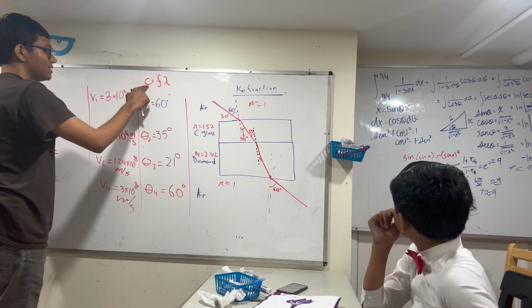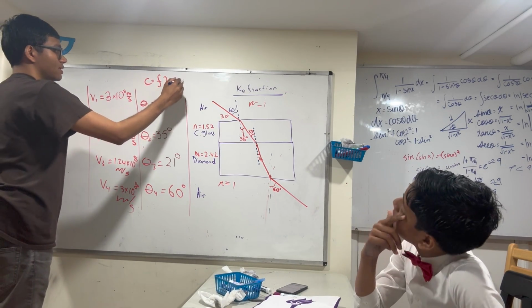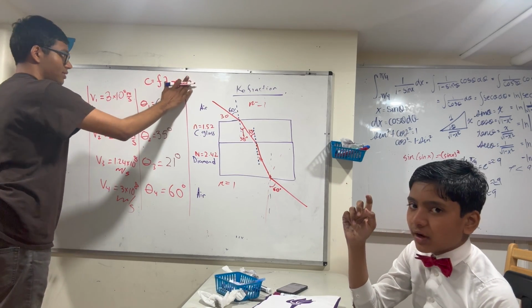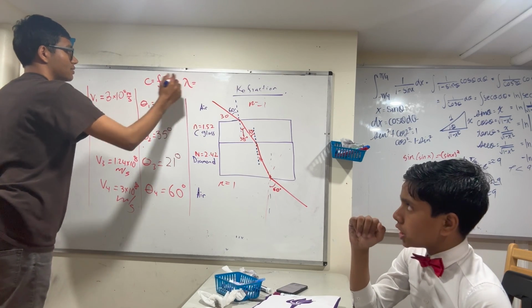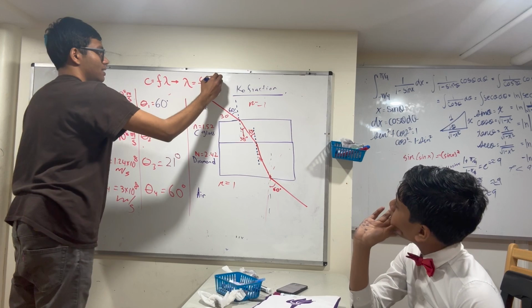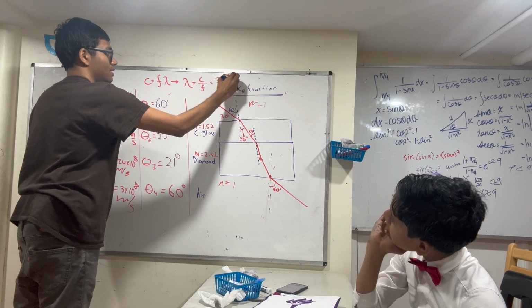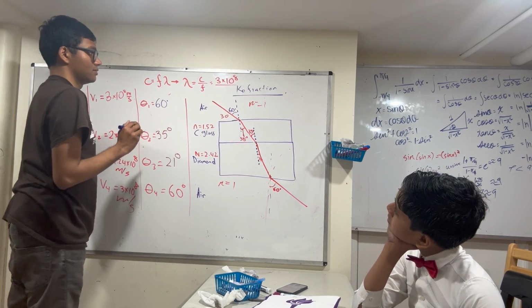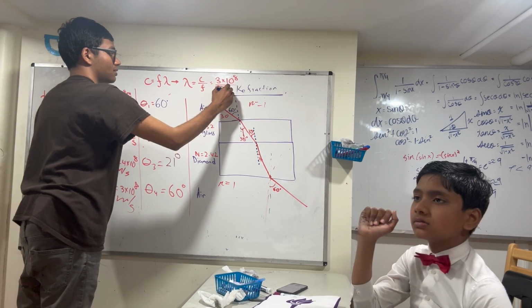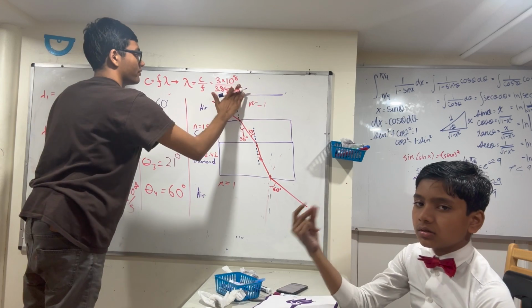We know C, and we have to find lambda. We know F. So C is 3 times 10 to the 8, and the frequency of the red light is 3.84 times 10 to the 14.